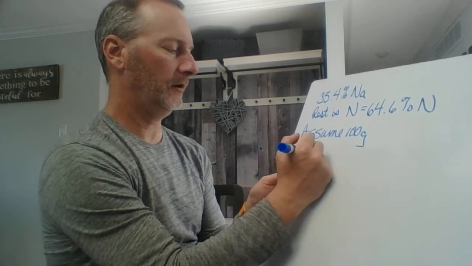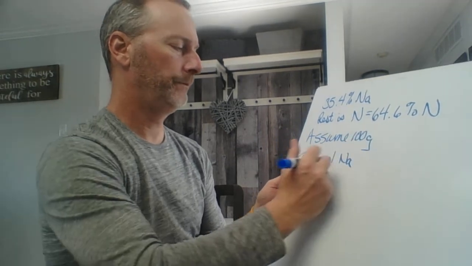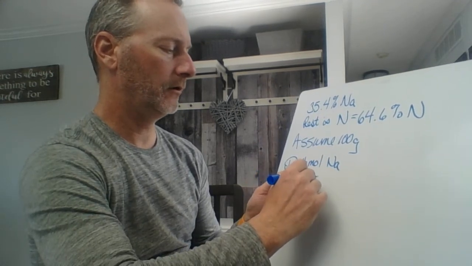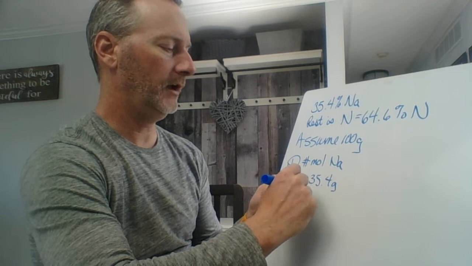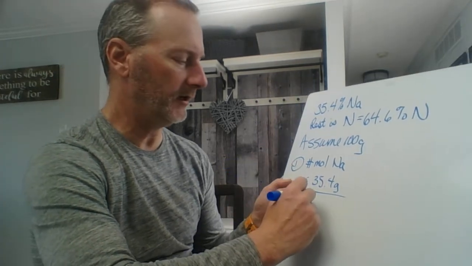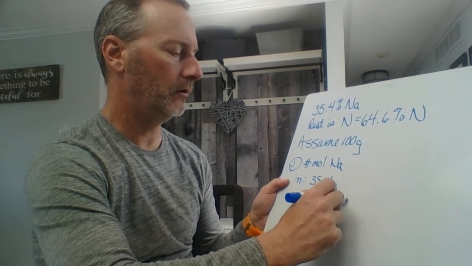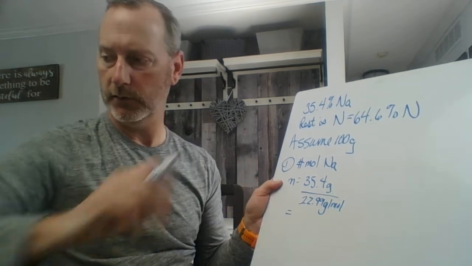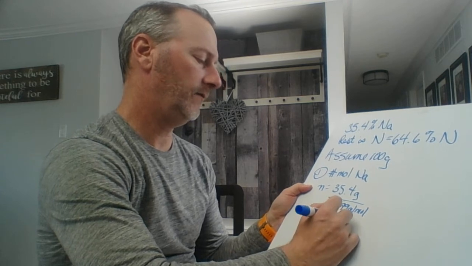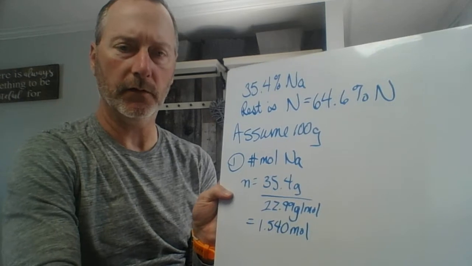Our first step is the number of moles of sodium: 35.4 grams, divided by sodium's 22.99 grams per mole. I do my division, 1.540 moles. Okay, so there's the first step.